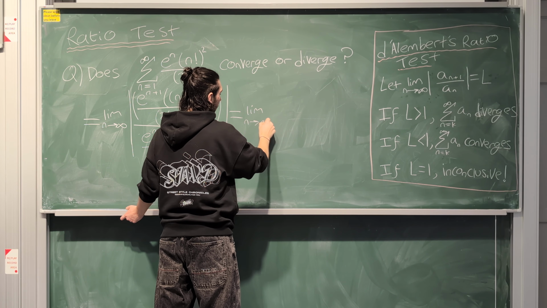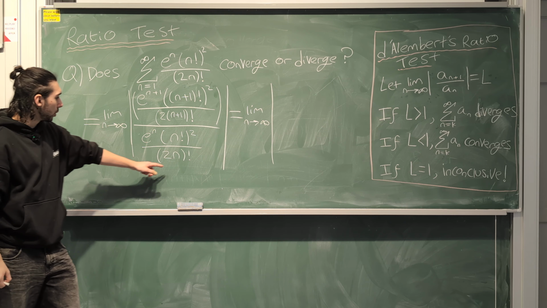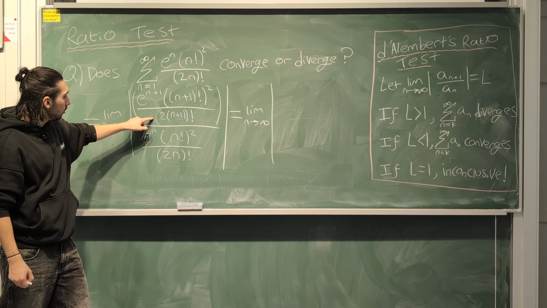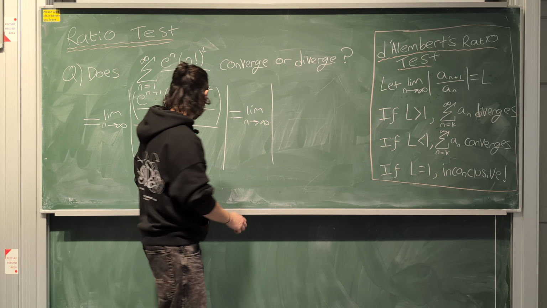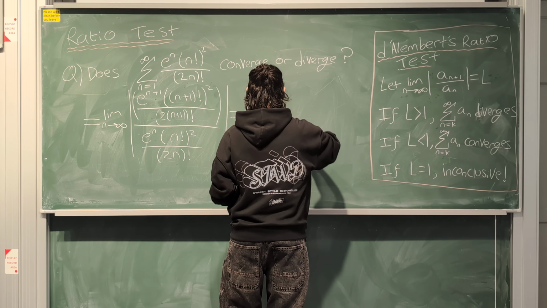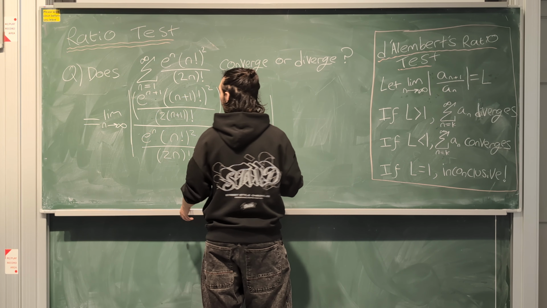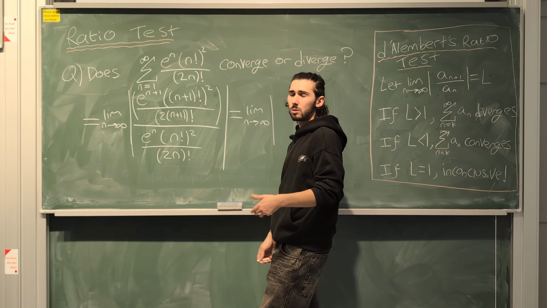So what I'm going to do is float the 2n factorial right up to the top, and float the 2 times n plus 1 factorial down here. And what you can do is just look at what I've written once I've written it and, in your head, think to yourself, does that make sense? Make sure that you're happy with it. Don't just look at it and go, oh, whatever.